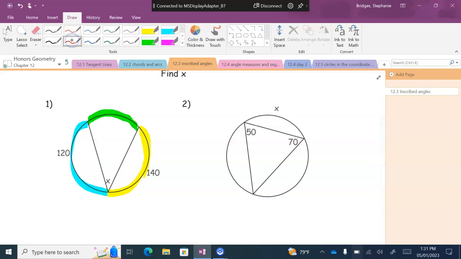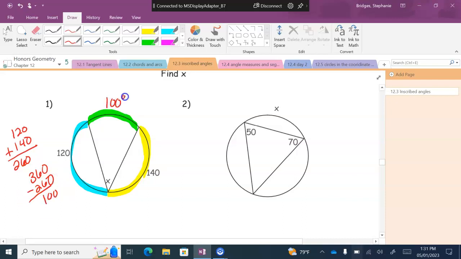All right, so if we add 120 and 140, that gives me 260, correct? And then if I take that away from 360, that's 100. So this arc is 100 degrees. That angle is how much of it? Half. Yeah, so half of 100 is 50.